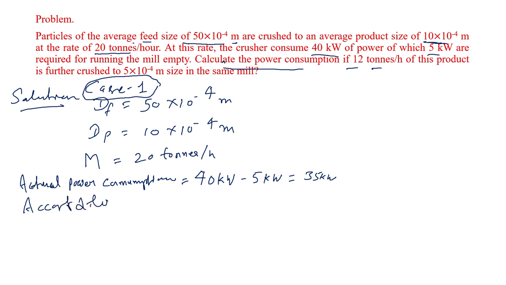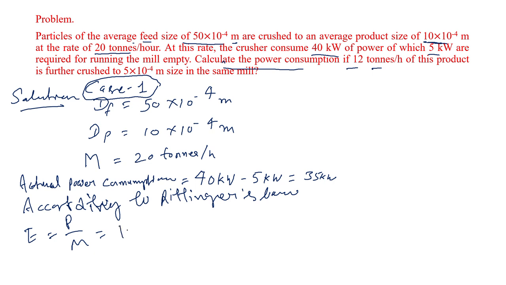According to Rittinger's law, here Rittinger's law can be applied. So what is the law? E is equal to P by M equals KR into (1/dp minus 1/df).